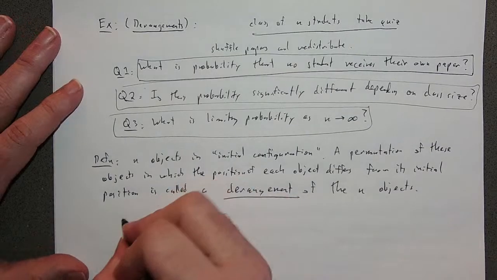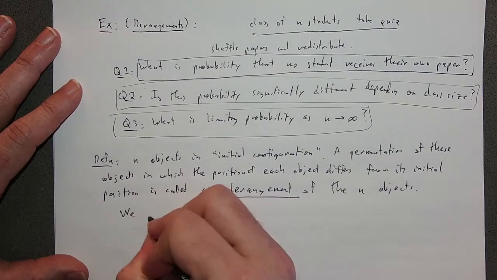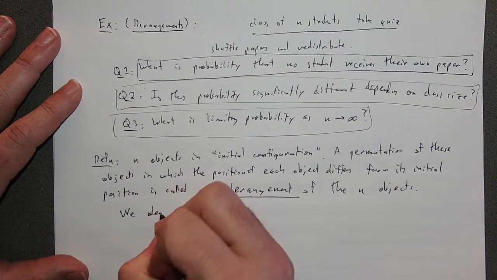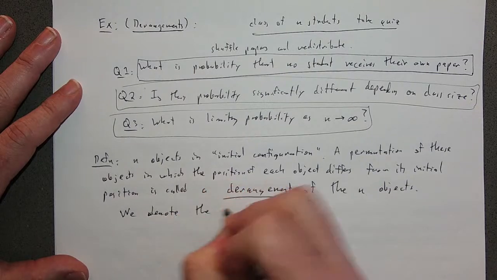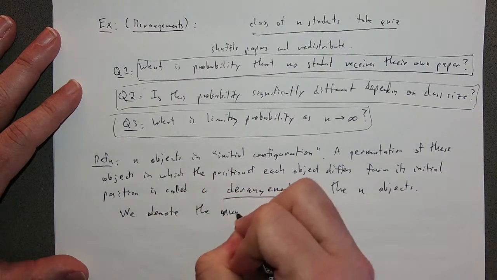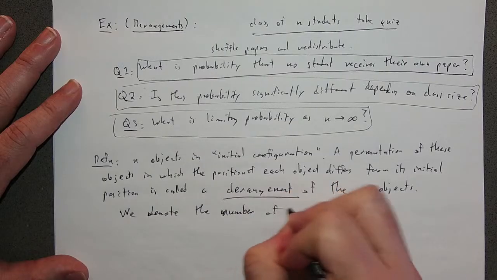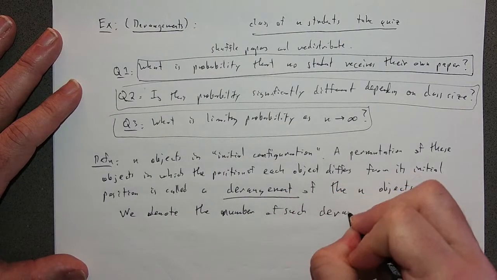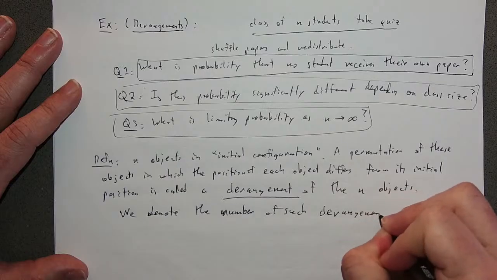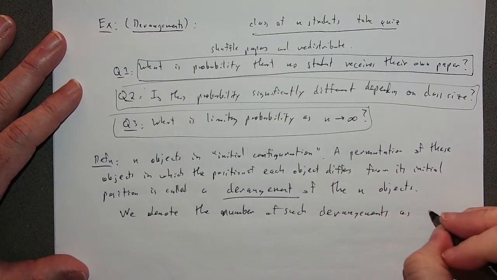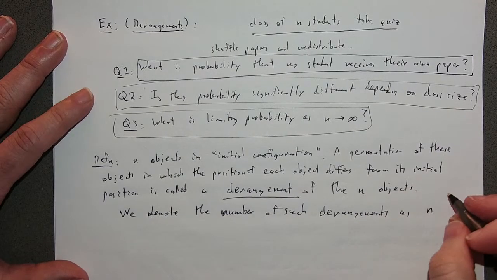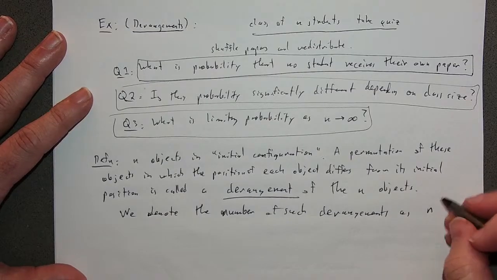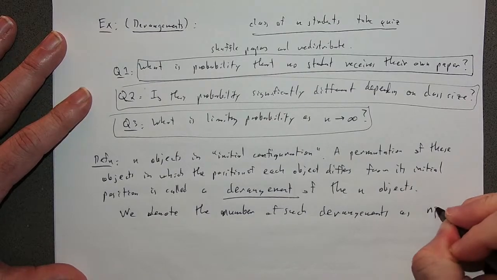We denote the number of such derangements as "n gnab." You don't have to call it that. This is just the number of derangements.